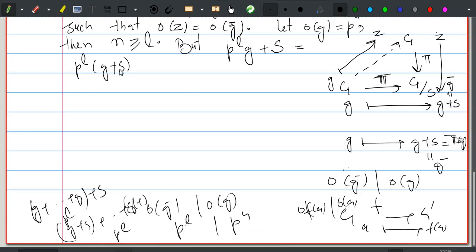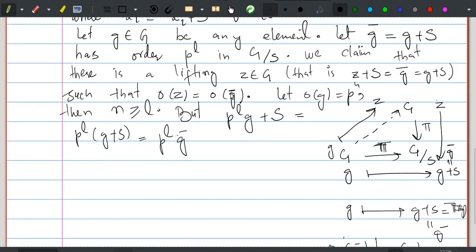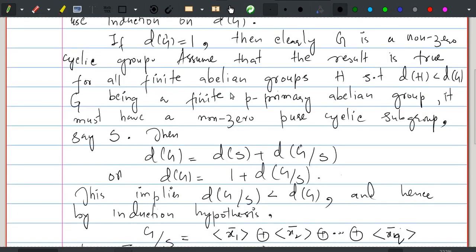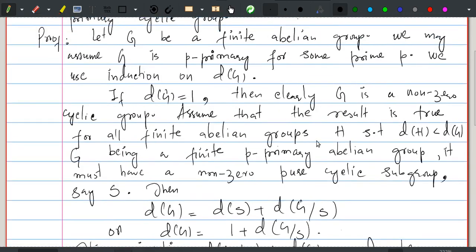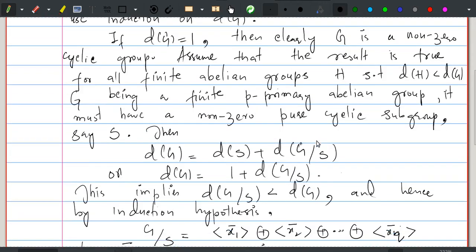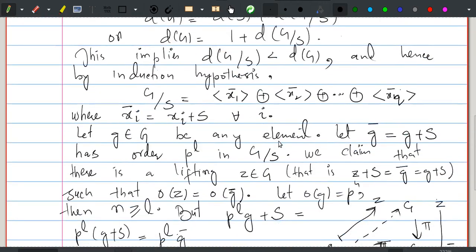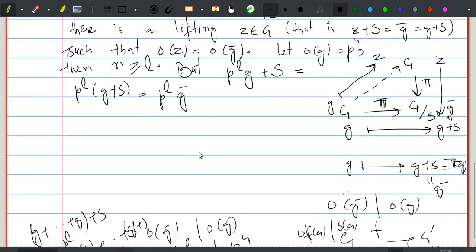So this is p power L G plus S, which is p power L times G bar. Now we have assumed at the beginning that the order of G bar is p to the power L, so this is 0 here.